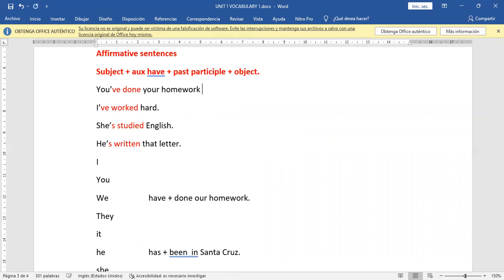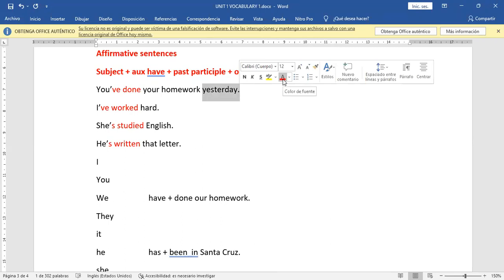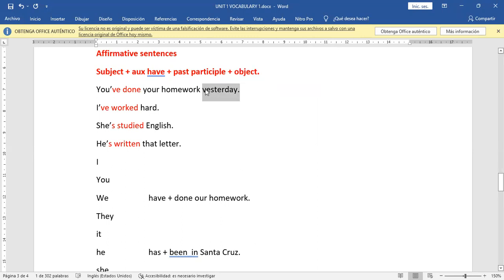Eso no sirve. No se utilizan marcadores de tiempos exactos en English con present perfect. Es indefinido. En cambio, simple past is definite. Present perfect, indefinite action.